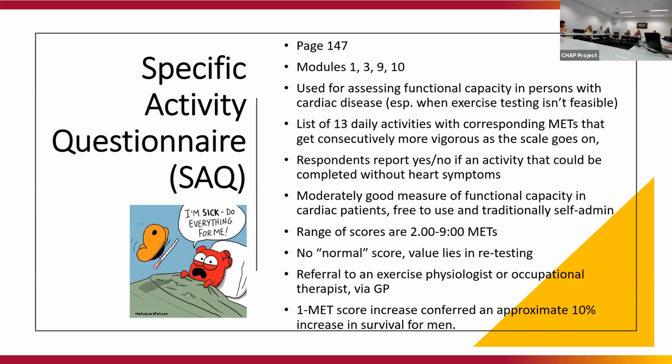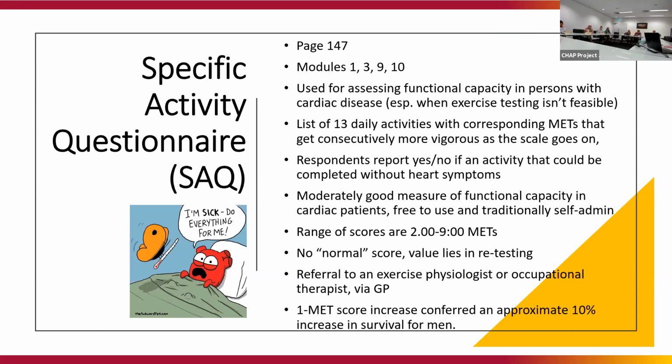So from a score from 2 up until 9, you'd see at what point people started saying, yes, that activity is a problem for me, and then that would be a cutoff. So there's no normal score. It really depends on each individual who's doing the test, but the value lies in the retesting. So when they come back to the reassessment that happens in module 10, you can have a comparison of the score that they've got.